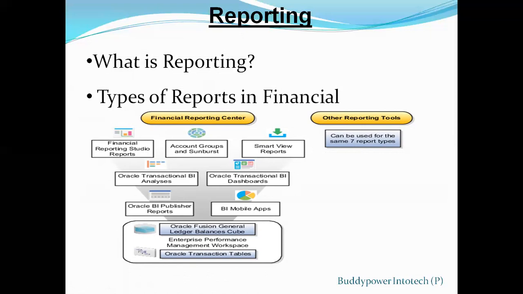I mentioned the subject areas in previous slides. Now these reports can be run in GL, payables, receivables, cash management, etc. So these two things, the account groups and sunburst, are used exclusively in the GL.